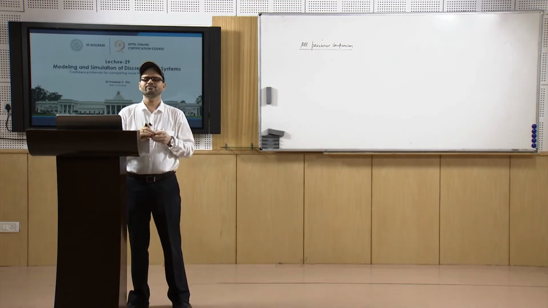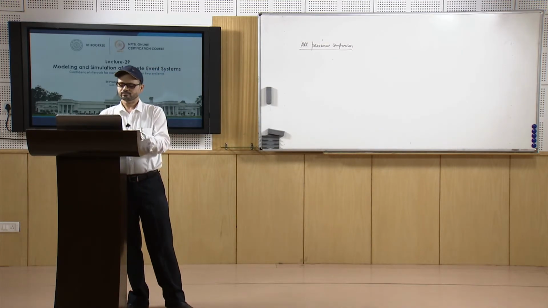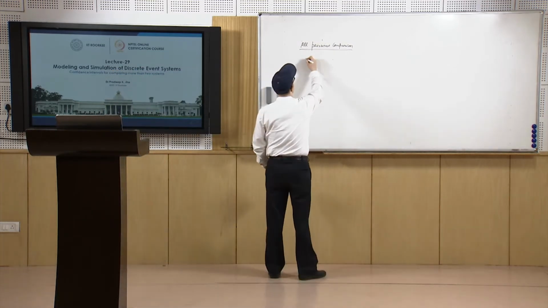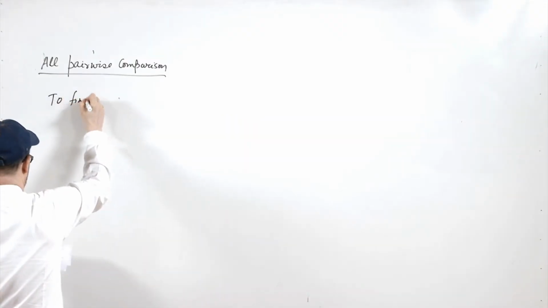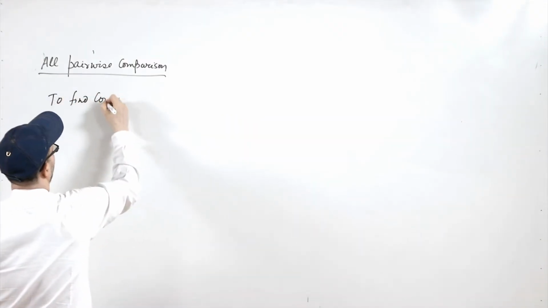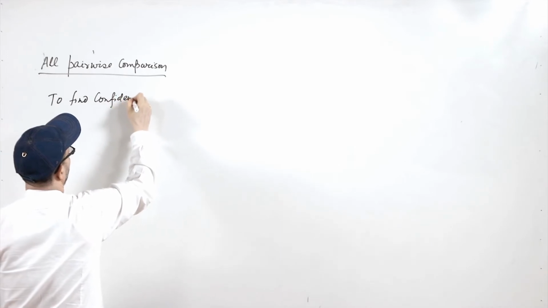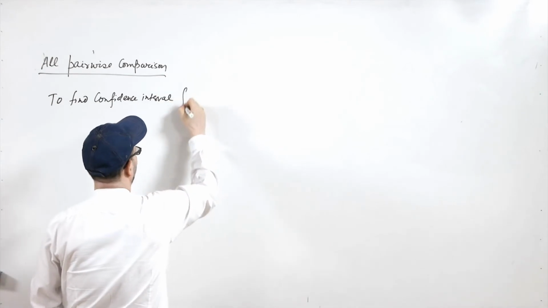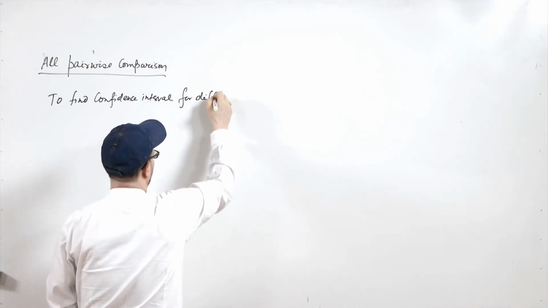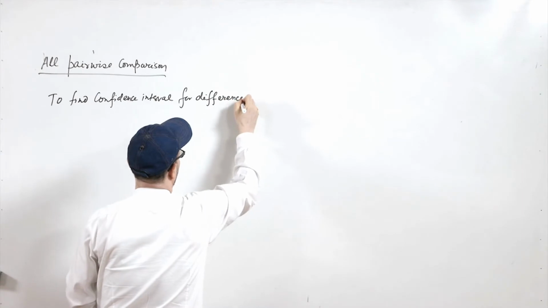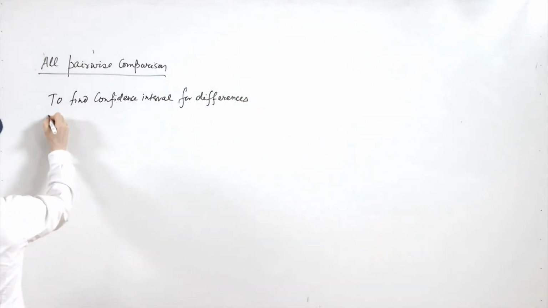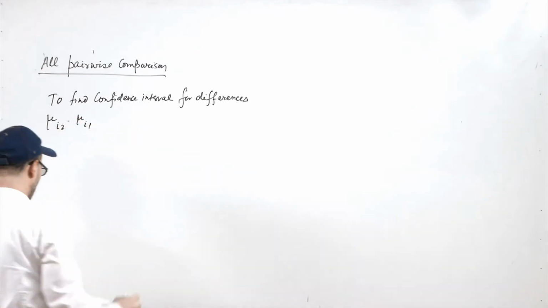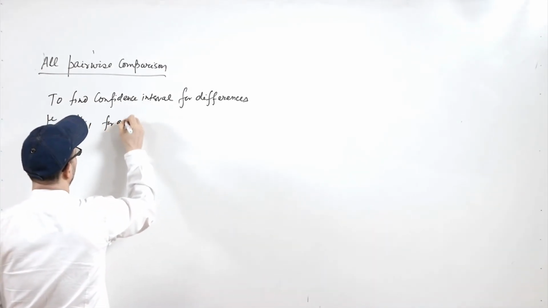So, what we have to do in that case is to find the confidence interval for differences mu I2 minus mu I1 for all I2 and I1.